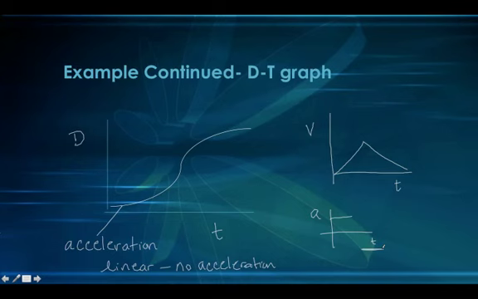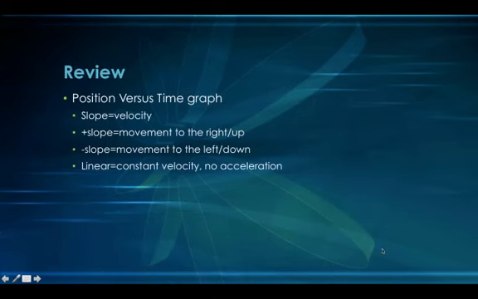All right, so let's go ahead and review a few things. Okay, so on a position versus time graph, your slope is going to be equal to your velocity. If you have a positive slope, that means you have a positive velocity, which means you have movement to the right or up. If you have a negative slope, you have movement to the left. If you have a linear line, that means you have a constant velocity and there's no acceleration.